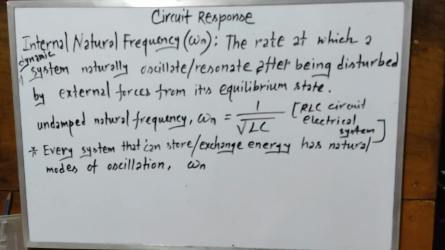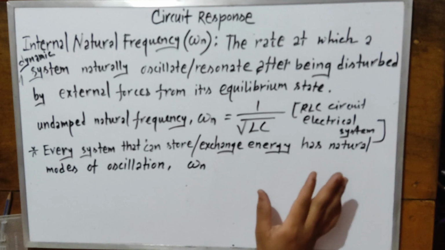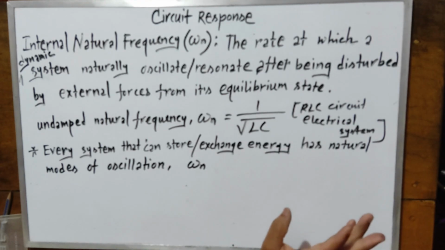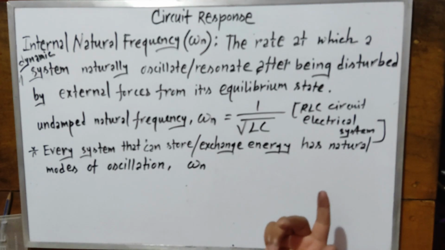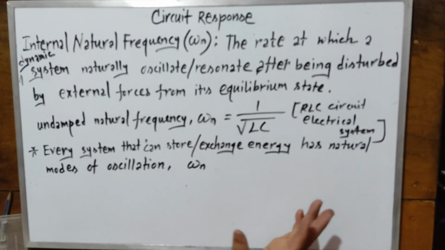This equation is mainly for the RLC circuit, the electrical system. This RLC circuit is a second order system, and for a mechanical system, the equation will obviously change. So this is the natural frequency.